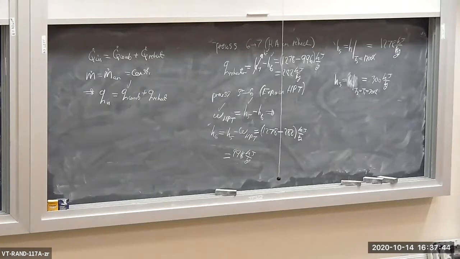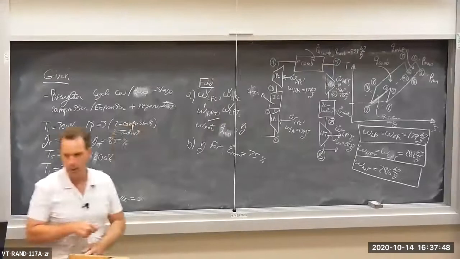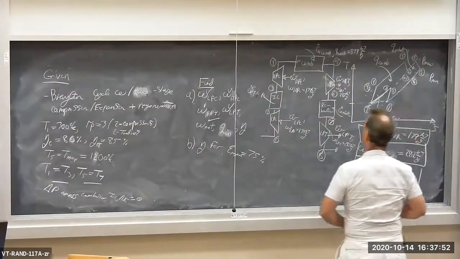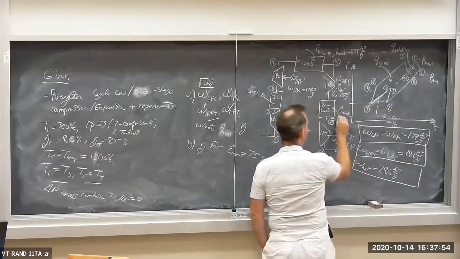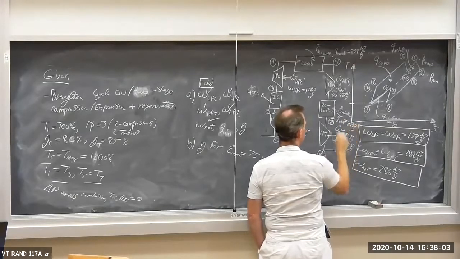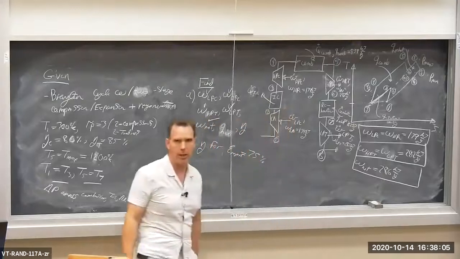So Q reheat is 282, which is actually the work output of the high pressure turbine. Q reheat, I know this is getting really small, is 282 kilojoules per kilogram, same as the work produced by the high pressure turbine.